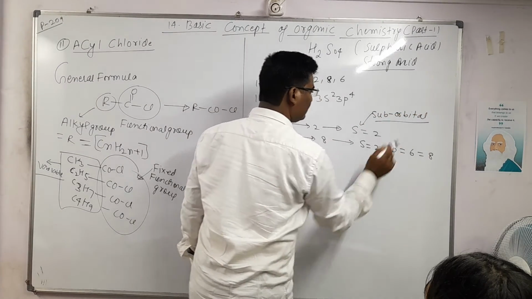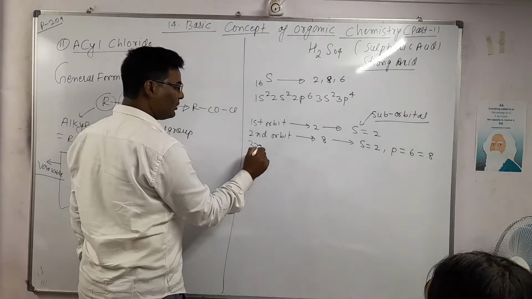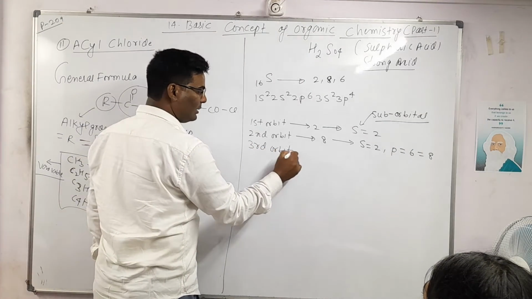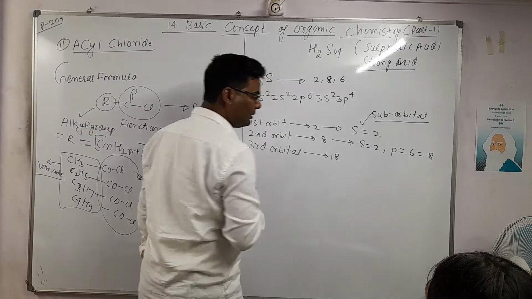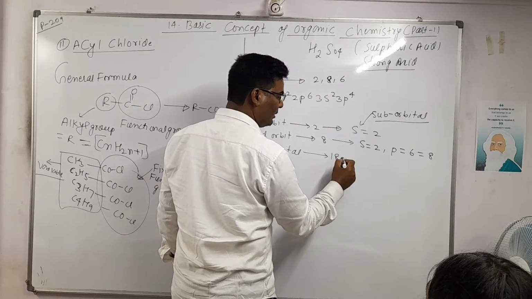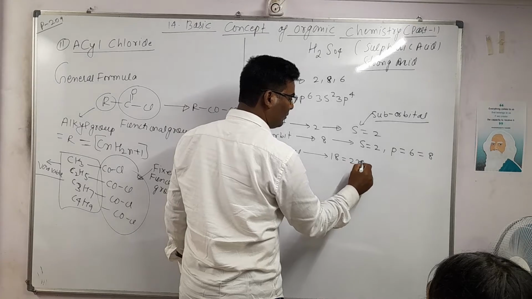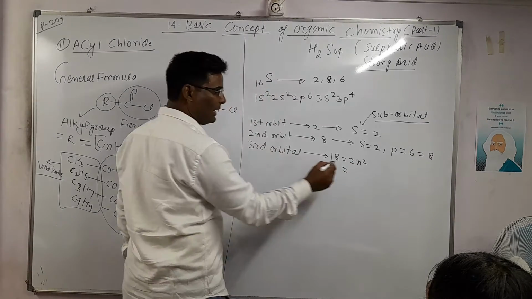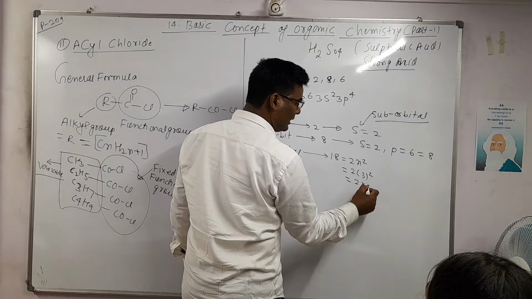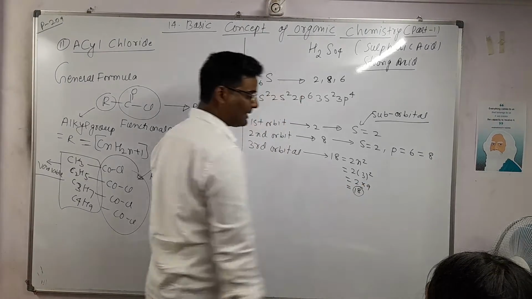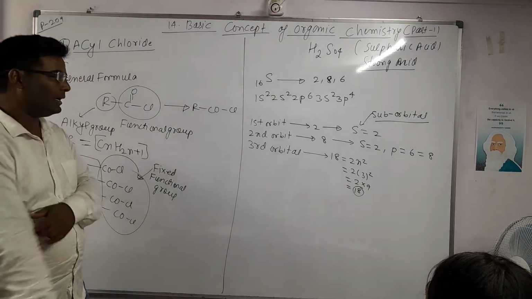P is also a suborbital. Next comes the third orbit, with suborbitals S and P. The third orbit capacity is 18. If you don't know, write the formula 2n square. Now put n equal to 3. So 2 into 3 square is 2 into 9, which is 18, right? So the maximum capacity of the third orbit is 18.